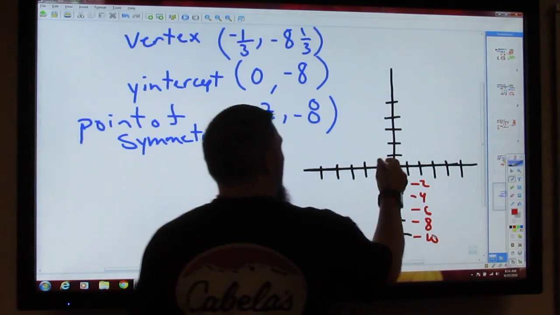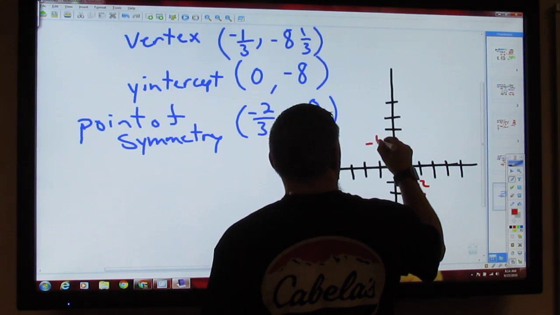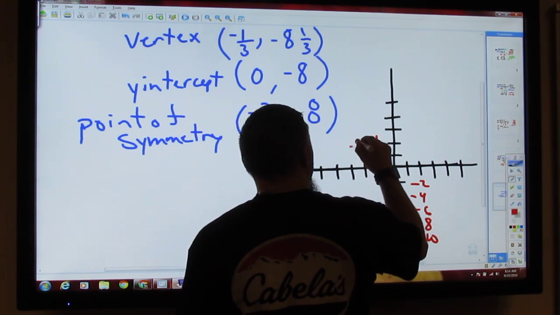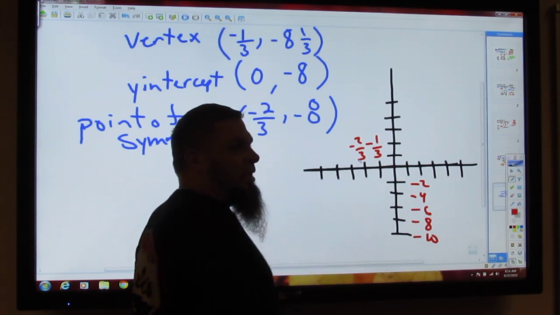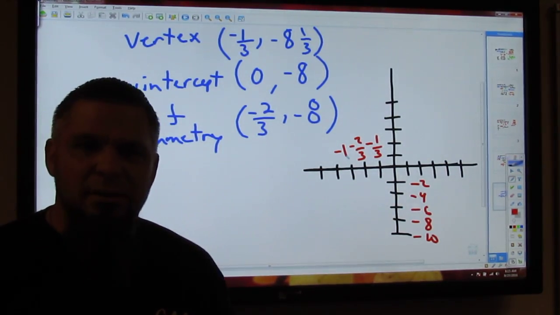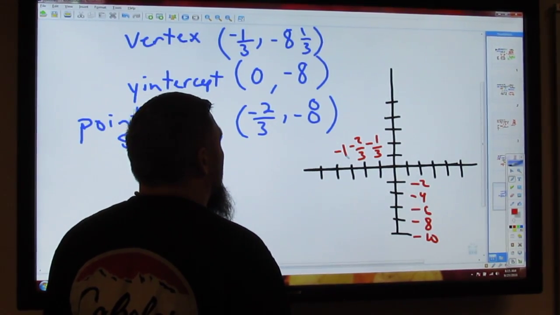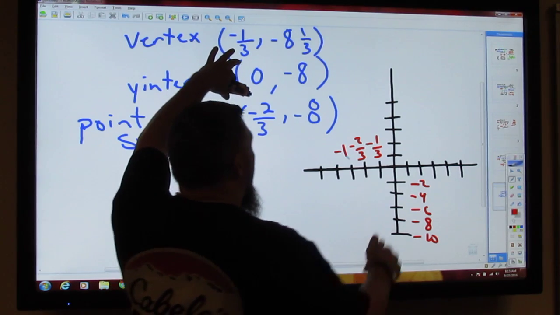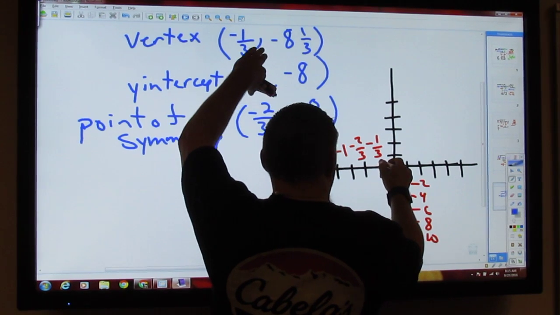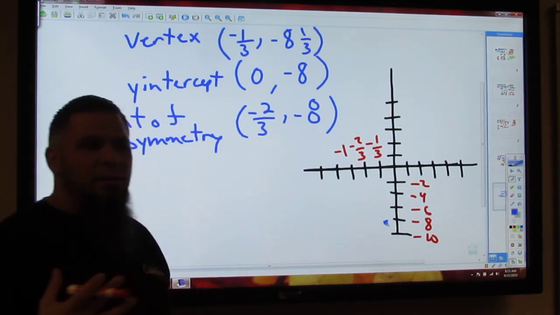So could I just go 0, negative 1/3, negative 2/3, and negative 1? Does that make sense? Now I know where my points are, kind of. My vertex is at negative 1/3 and negative 8 1/3, so it's a little bit off.